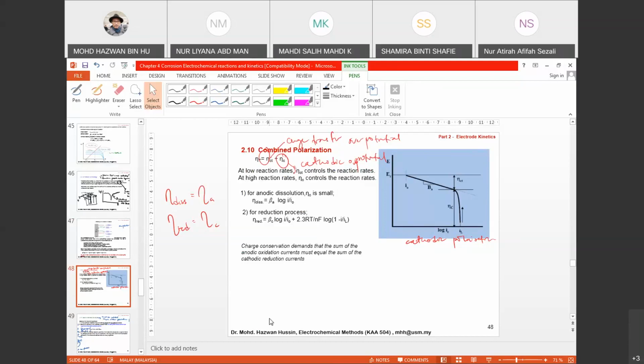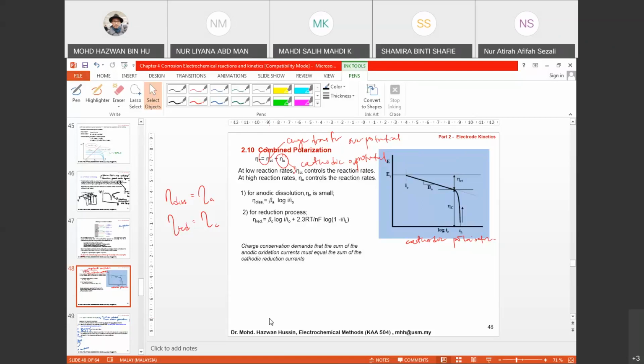So over there, you have the total overpotential, which actually equals eta CT, or it will depend on what the process is. But eta CT is the anodic process, because it is the charge transfer process, and also the cathodic overpotential. So at the lower reaction rates, the charge transfer controls the reaction rate.